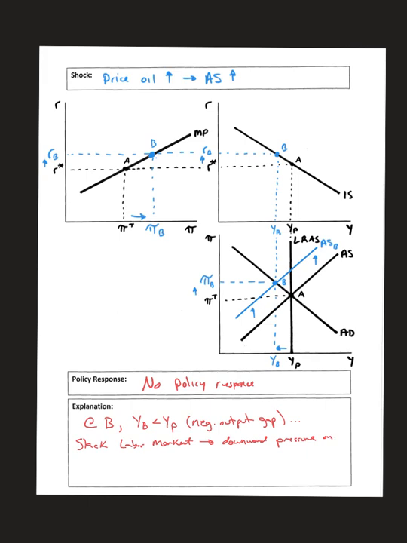So we have downward pressure on wages, which will then lead to inflation expectations starting to come down finally, although this could take some time because inflation has started to go up, and this will make that aggregate supply curve come back down. So this, coupled with hopefully this is a temporary shock, so the price of oil will start to come back down, we should see aggregate supply just correct itself. So what we would see here in this case is aggregate supply just come back down.